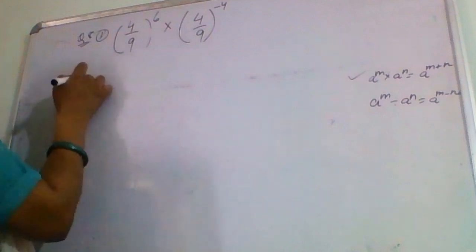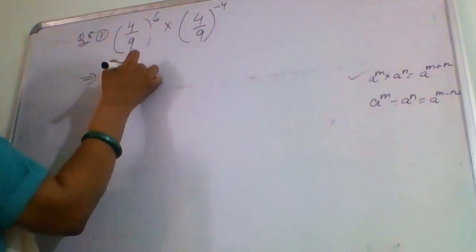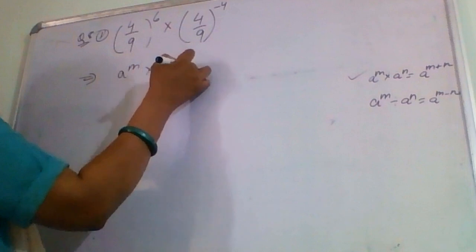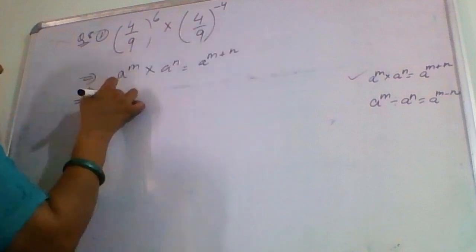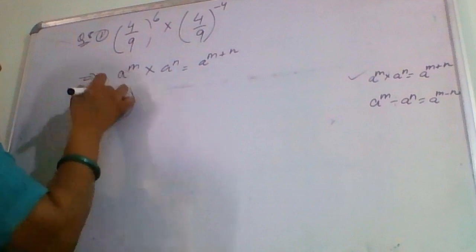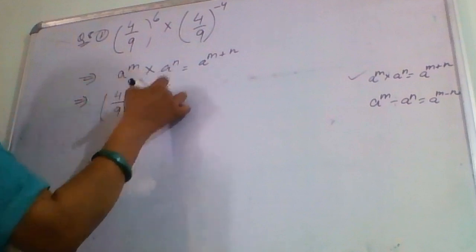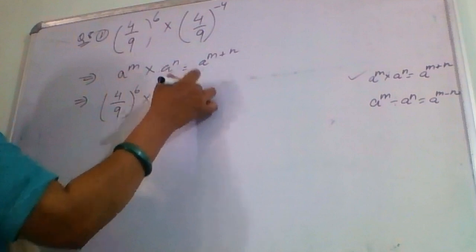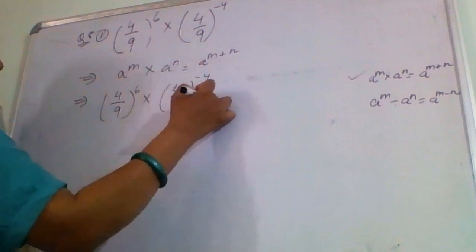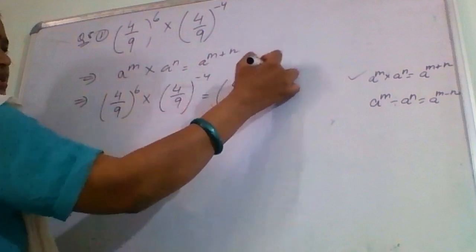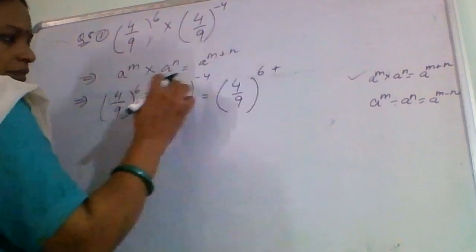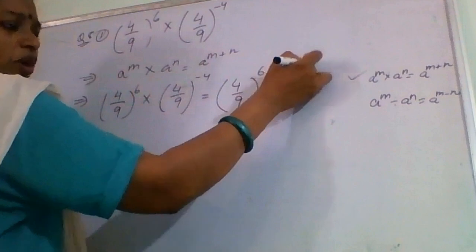So this implies a^m into a^n means a^(m+n). This implies (4/9)^6 into (4/9)^(-4) is equal to (4/9)^(6 + (-4)), because it is minus 4, so I write down minus 4.